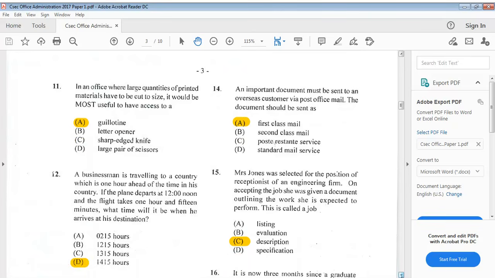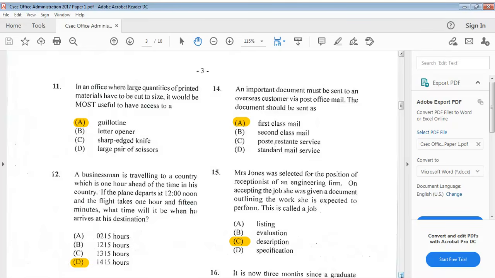In an office where large quantities of printed materials have to be cut to size, it would be most useful to have access to A. a guillotine, B. letter opener, C. sharp edged knife, or D. large pair of scissors.